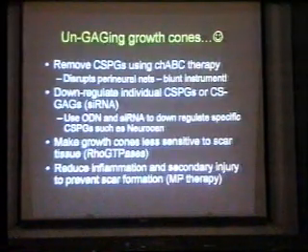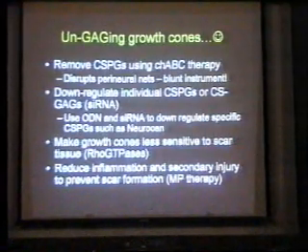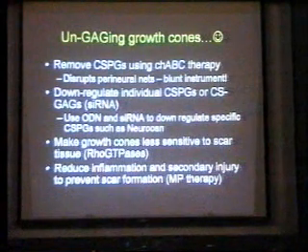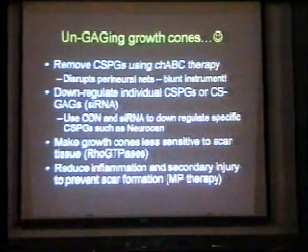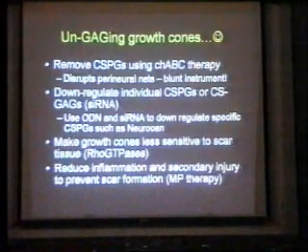And in the hippocampus, for example, where you have more plasticity because of memory and such, you have modulation of CSPGs. And in other areas where you don't want plasticity of growth, you have more CSPG. So in my mind, applying chondroitinase ABC is a very blunt instrument because it indiscriminately digests all CSPGs. And I think it will have some deleterious consequences if we were to do this clinically.